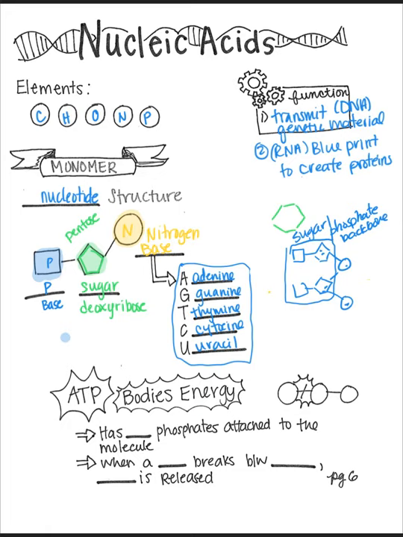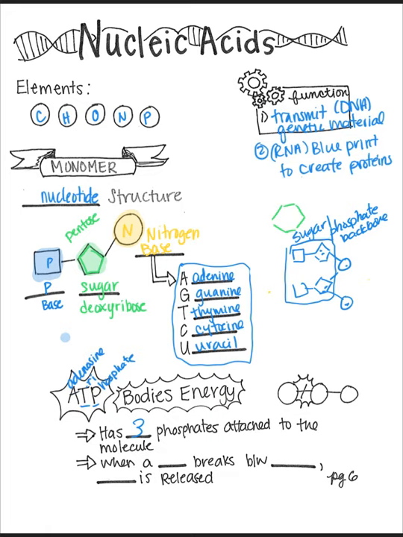Now, ATP is extremely, extremely important, and it is a very, very powerful energy for our cells. So, ATP has 3 different phosphates. Adenosine triphosphate. 3 phosphates attached together.